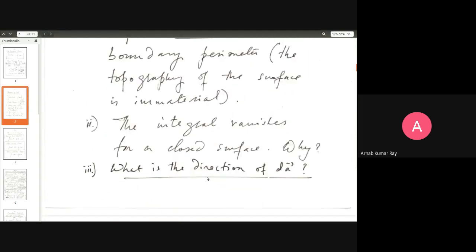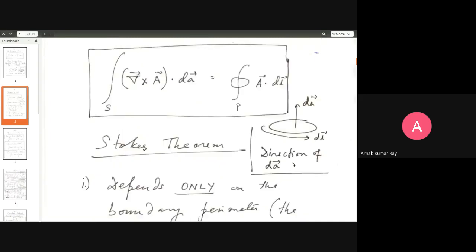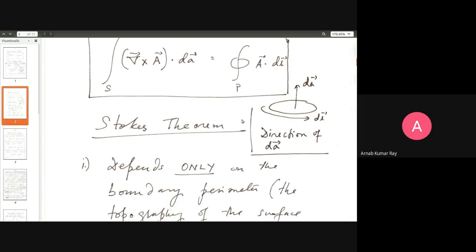So what is the direction of dA? That entirely depends on the way you want to travel along the perimeter. If dl is anti-clockwise, dA will be going upwards. If dl is clockwise, dA will be going downwards. So that is the Stokes curl theorem.